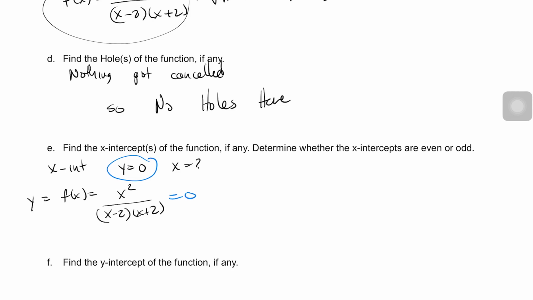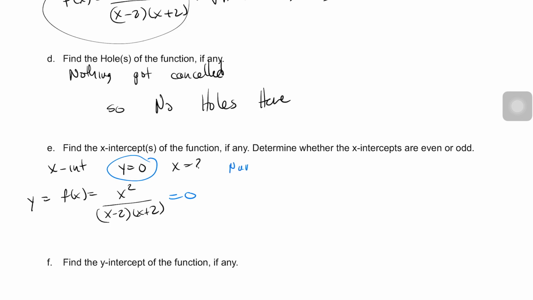We're going to find out what is the x value that will make this be 0. As I said before many times, the only way that a fraction can be 0 is whenever the numerator is 0. If this is not a 0, then this whole thing is not gonna be 0.